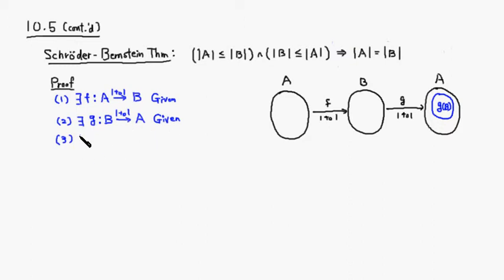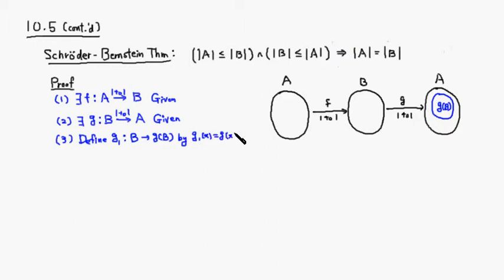So we're going to define g1, which goes from B to g of B, by g1 of x equals g of x.